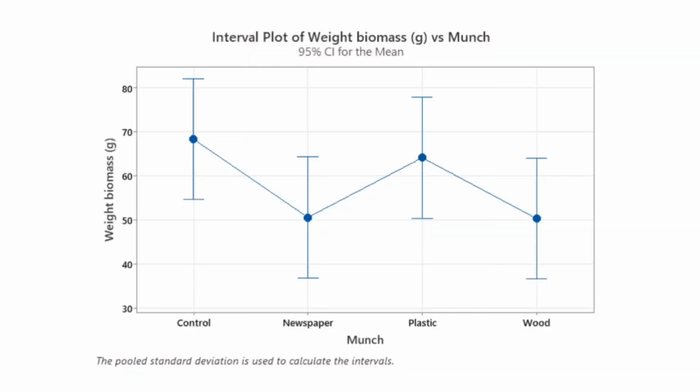Then in figure 4, although differences among the treatment means can be observed, since we analyze different treatments, the confidence intervals overlap substantially, which indicates that these differences may not be statistically meaningful.